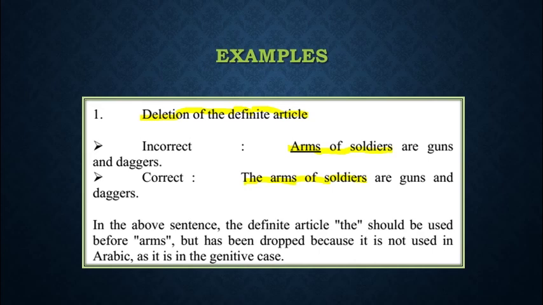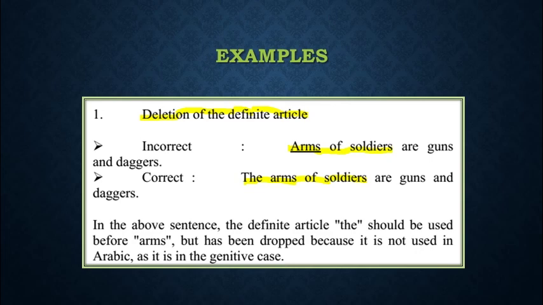Actually, the Arab learner makes a literal translation of the Arabic version, أسلحة الجنود, "arms of soldiers," where it is supposed to have a definite article. "The arms of soldiers" should be preceded by "the." It is definite here. So this is the cause of the error. The kind of error is the deletion of the definite article.